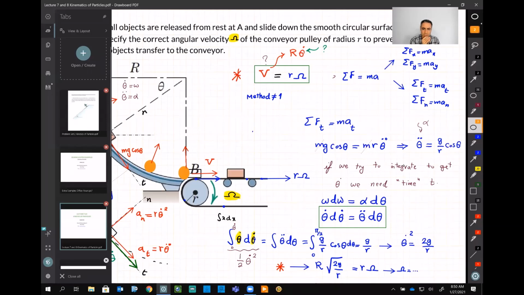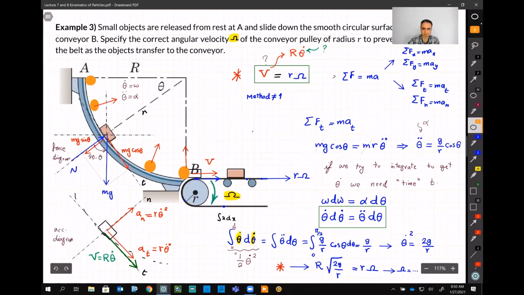So another question. Let me check the chat. Should we treat it as a body or as a particle? Here, particle, we haven't talked about bodies at all.